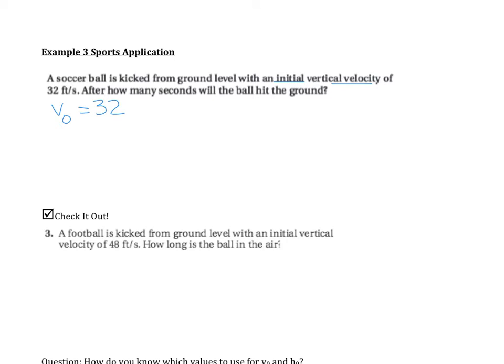So, what is our initial height, or what do we want the height to be? We want our height, the end, to be 0. Okay, and our initial height, because we're starting from the ground, is 0.